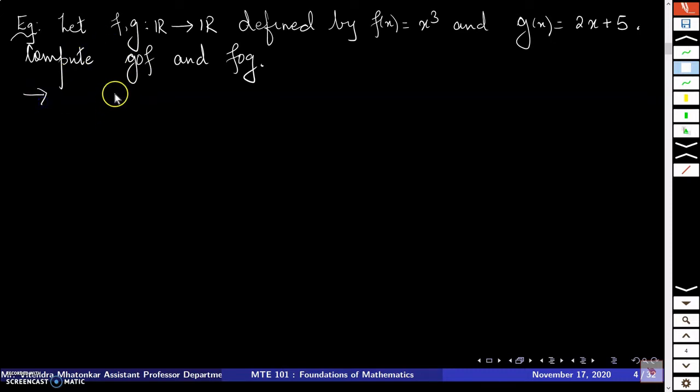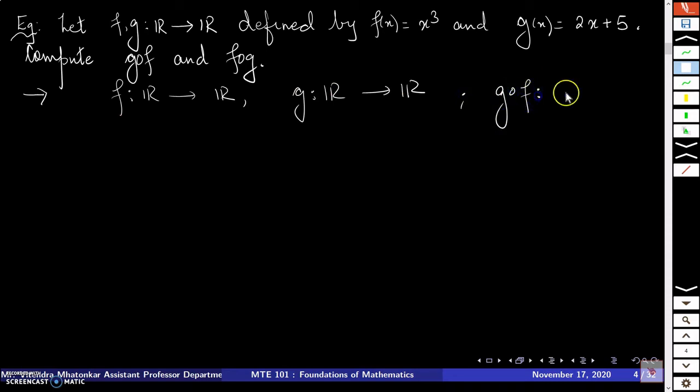Now let's see, f is a map from R to R and g is a map from R to R again. So these two are equal here. So I can talk about g composite f, and that will be a map from again R to R. And how will that be defined?